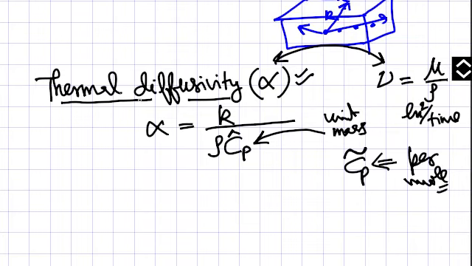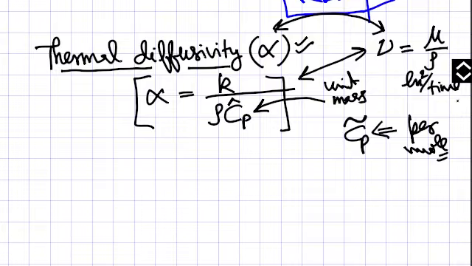Anyway, the formula for alpha is this, and its corresponding formula in momentum transport is this, and they are similar. This is momentum transport, and the similar parameter doing the same activity is alpha. After that, their ratio is very important.